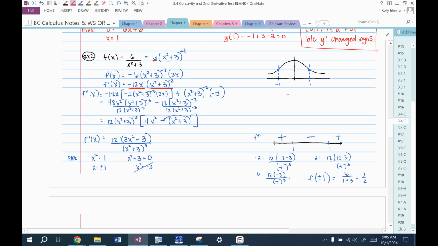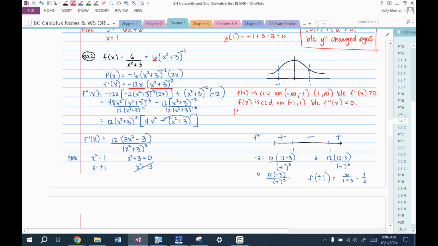So the question was concavity and points of inflection. So I'm going to say f of x is concave up on negative infinity to negative 1 and 1 to infinity because f double prime of x is greater than 0. f of x is concave down on negative 1 to 1 because f double prime of x is less than 0.